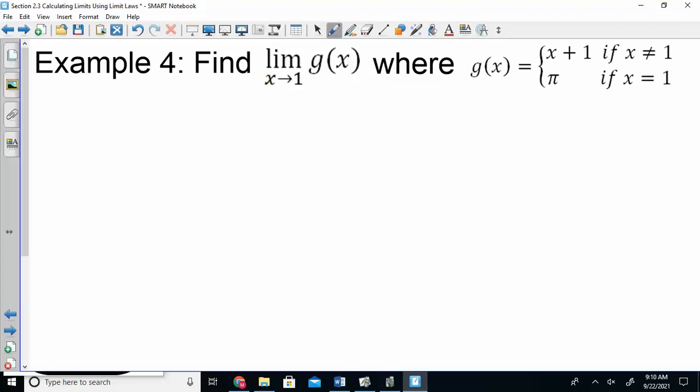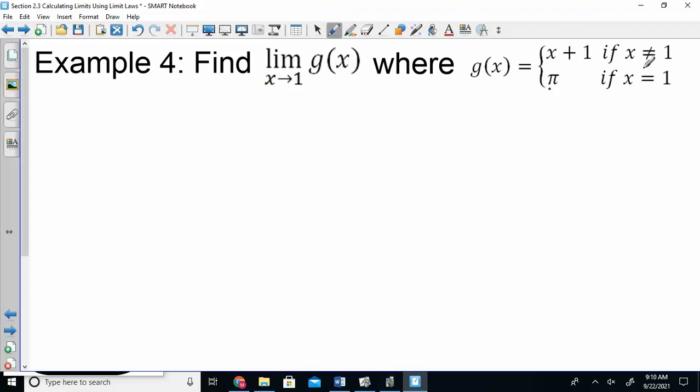All right, if I just plug 1 into this function, which piece would you be on? The top or the bottom, if x equals 1? The bottom, and you would get pi for your answer, right? That is actually not the value of this limit. Because the idea of a limit, we don't care what happens at the point, we care what happens as you get close to the point.